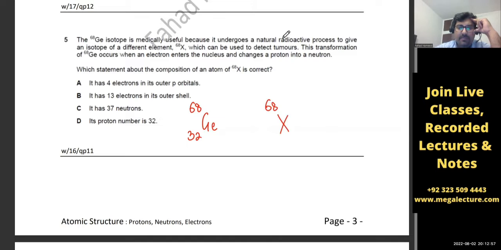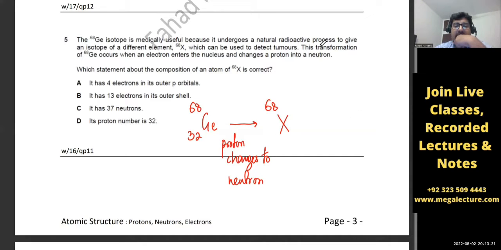And this transformation of Ge occurs when an electron enters the nucleus and changes a proton into a neutron. So this is what happens. He's saying that a proton changes to a neutron.